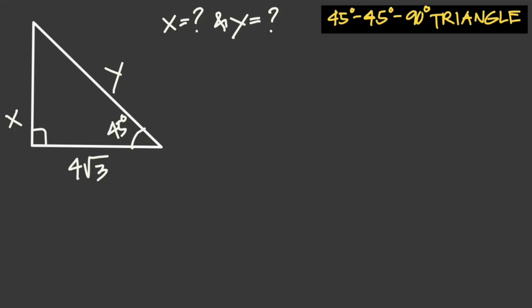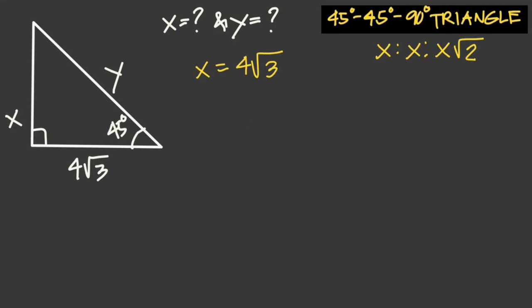Okay, one more problem here. We're given one of the legs, and the other leg is missing, as well as the hypotenuse. So let's solve that. So x is just equal to 4 square root of 3. Okay, let's not forget the ratio for a 45-45-90 triangle.